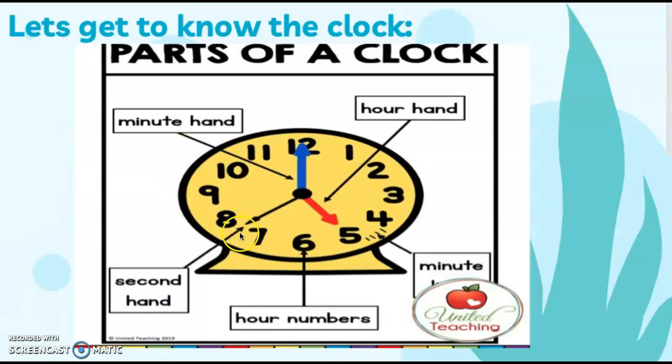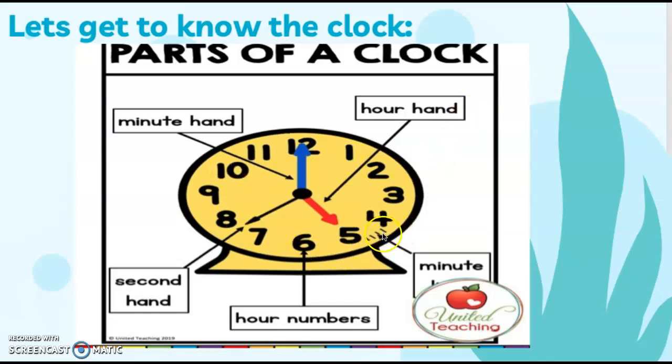So basically, this is your clock. There are the long hand, short hand, and second hand, and numbers around it. The long hand is known as the minute hand, and the short hand is known as the hour hand, and the numbers around it represent the hour.